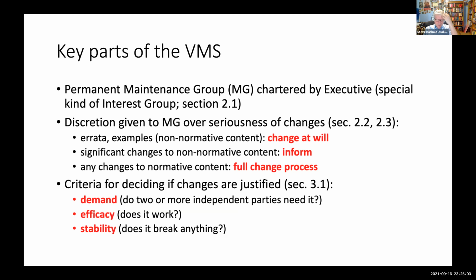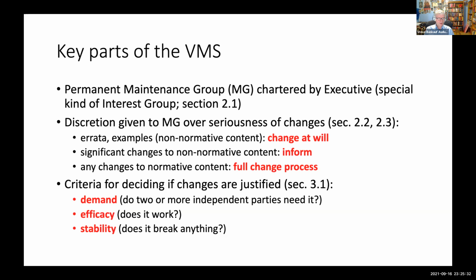Now, anyone can propose changes to the standard, to the vocabulary. And so it falls on the maintenance group to make decisions about whether those changes are justified. And there's 3 criteria that the maintenance group uses: demand, efficacy, and stability. So the demand requirement basically asks the question, are there at least 2 or more independent parties who say that they need this change? If so, it meets that requirement.